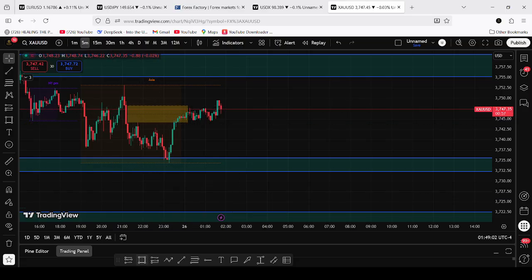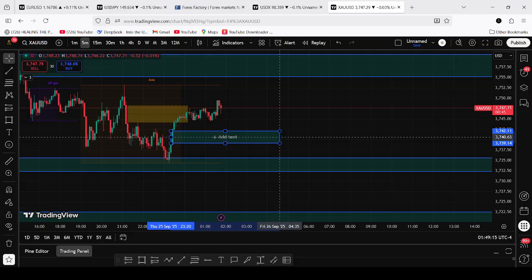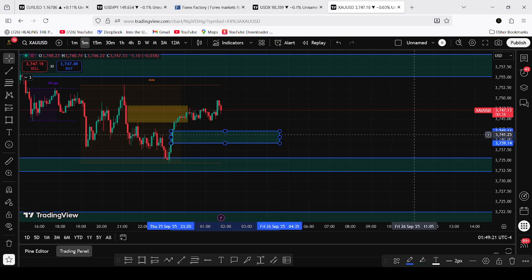So we still have another one here for buy opportunities, but this one is a high FVG for the supply and demand, while this one is for the ICT. For me, I use the ICT FVGs and order blocks. So everything that I do here is based on the ICT strategy.